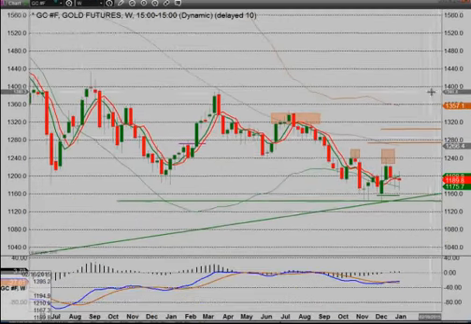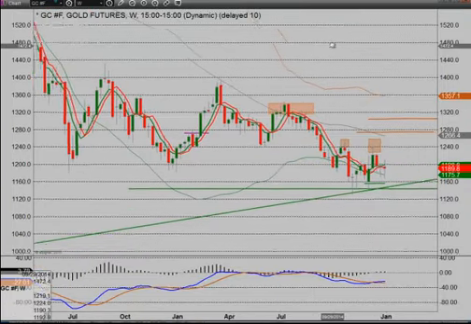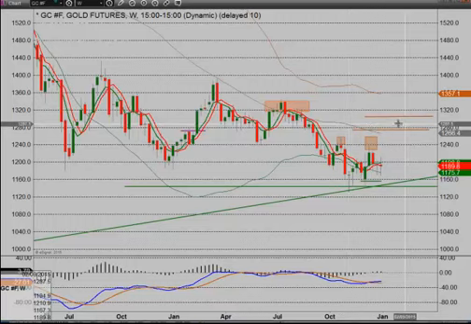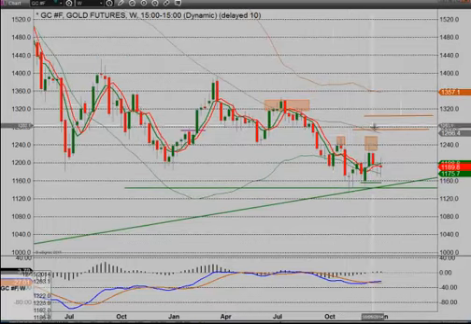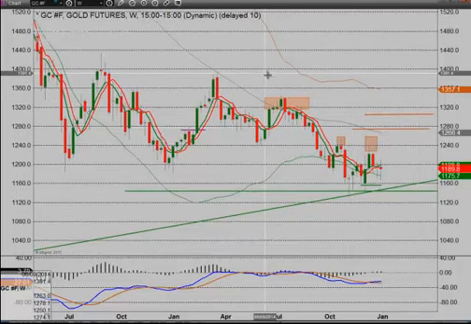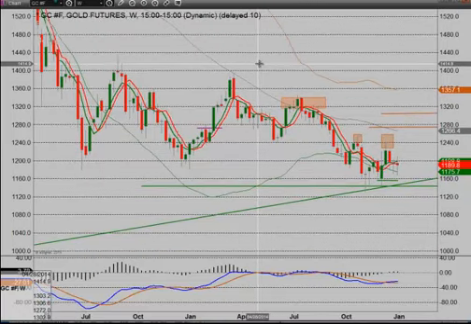We continue to opt to sell rallies and recommend selling rallies. In order to reverse that pattern, you'd have to have a pretty big rally here. Kind of hoping you would get a little bit bigger rally to tee off on it, but nonetheless, clearly a pattern of lower highs. So we're still in the sell the rally camp for sure in the gold market.